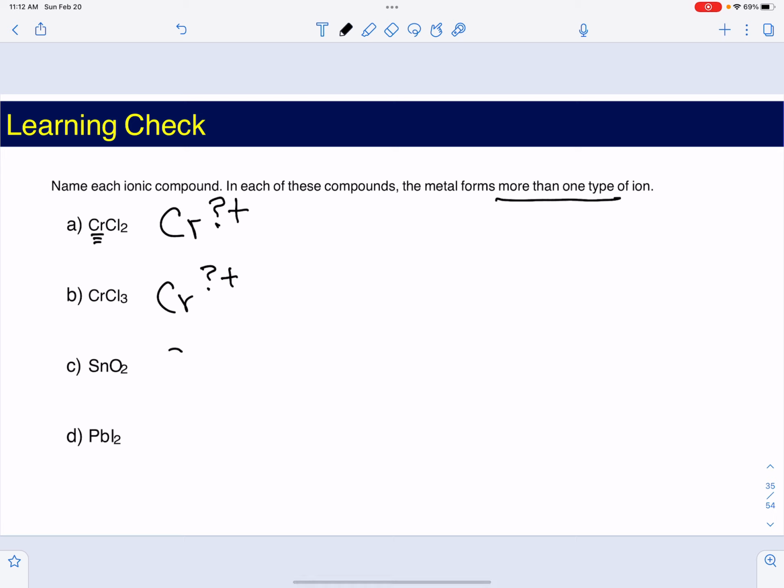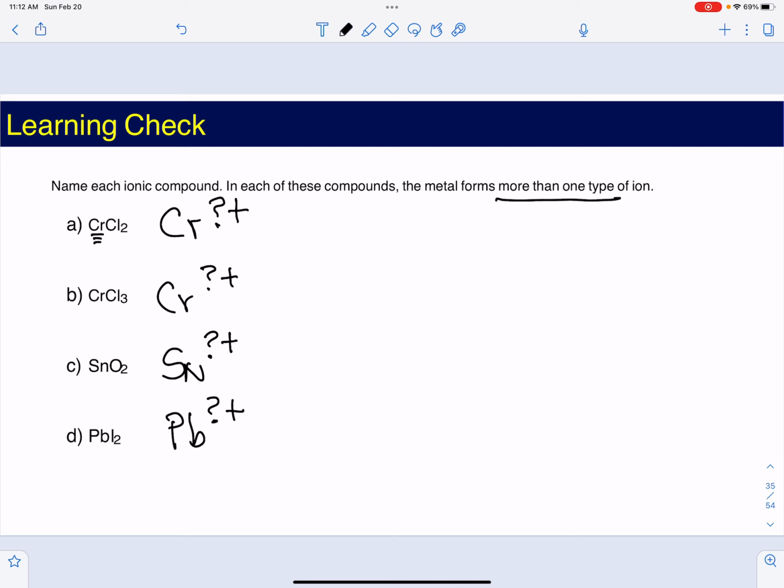This is tin, which is not a transition metal, but it's one of the 4 I told you to be aware of. So I know it's going to be a more than one charge, so which one it is. And the same story with lead. It's one of the ones that are not transition metal that I told you to be aware of. So if you don't remember what I'm talking about, go back to part B of chapter 5.